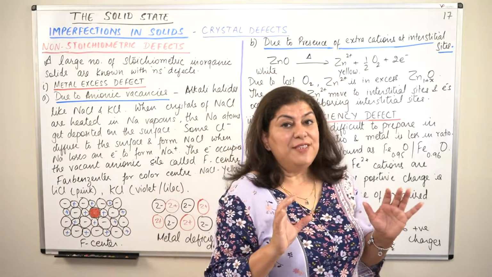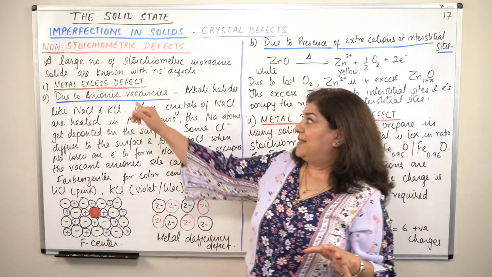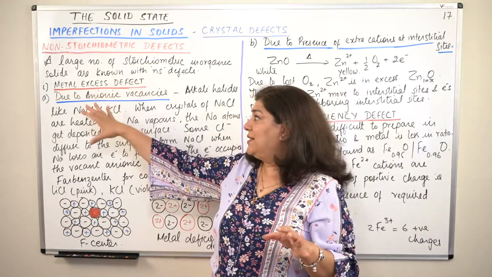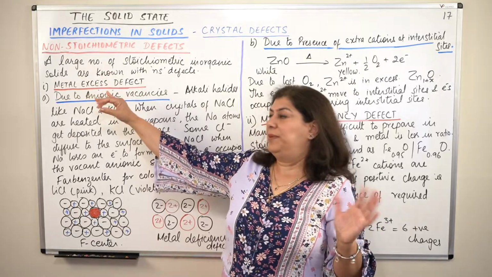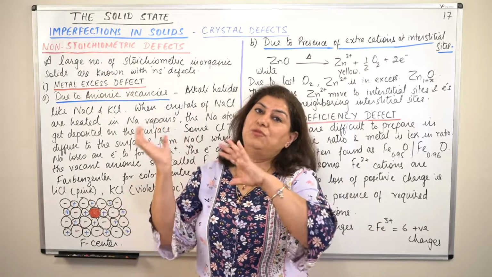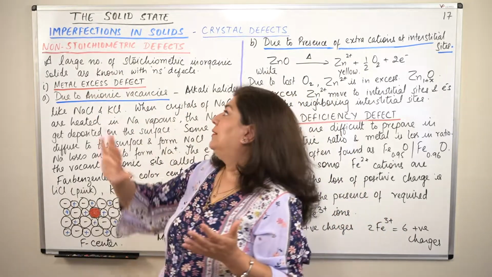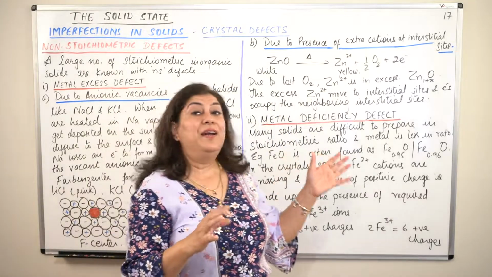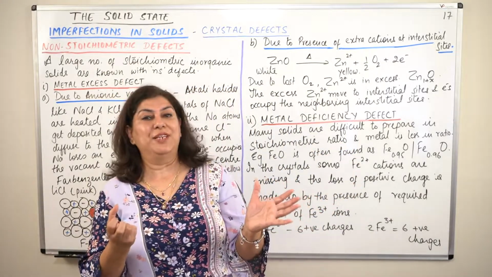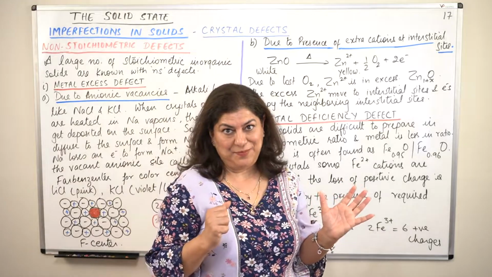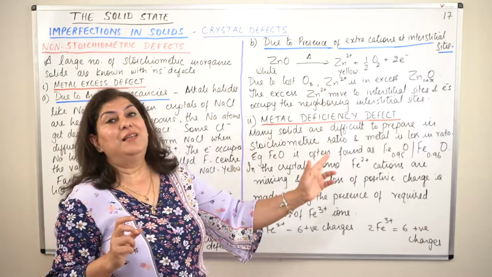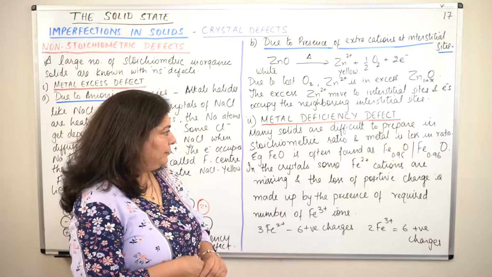Now, we have studied two types of non-stoichiometric defects. First is the metal excess defect. We come to the second type of non-stoichiometric defect, where the metal will be in deficiency. It is not in excess. So we call it the metal deficiency defect.